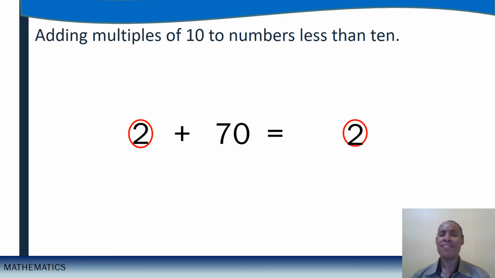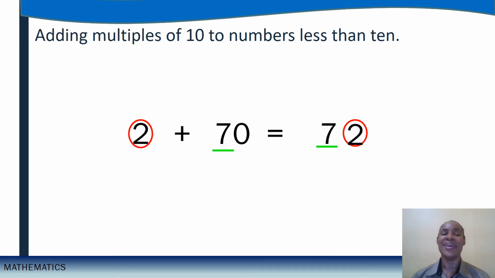We are adding no tens to it. Therefore, we will write back 7 in the answer. And there we have it, boys and girls. 70 added to 2 gives us 72. You are a genius at this, boys and girls.